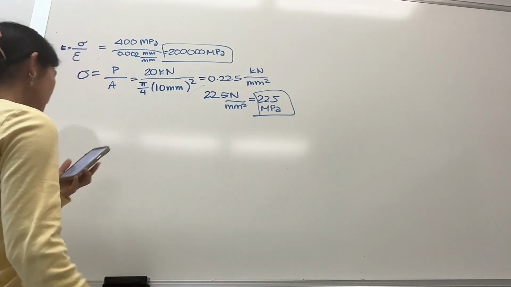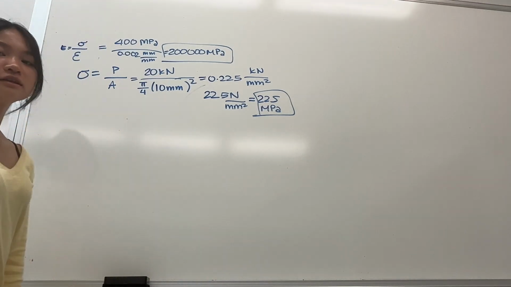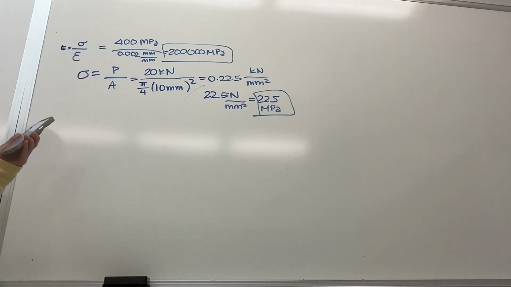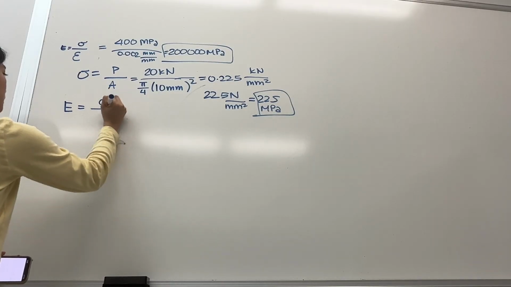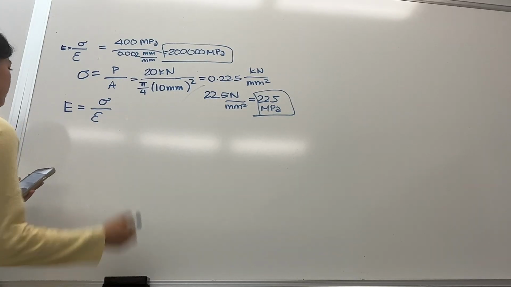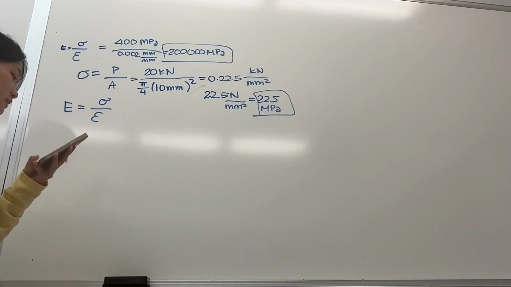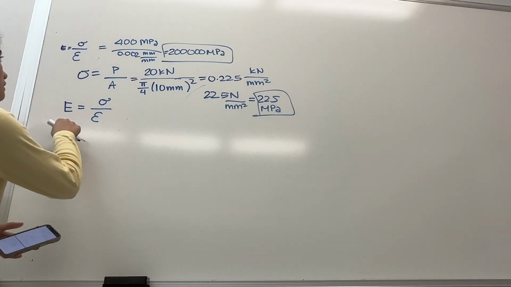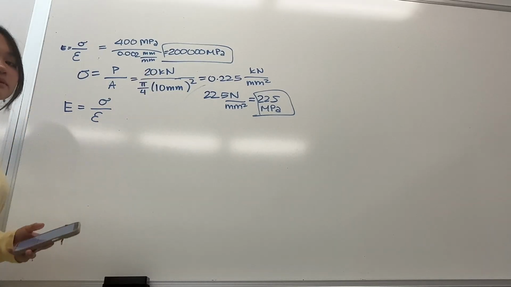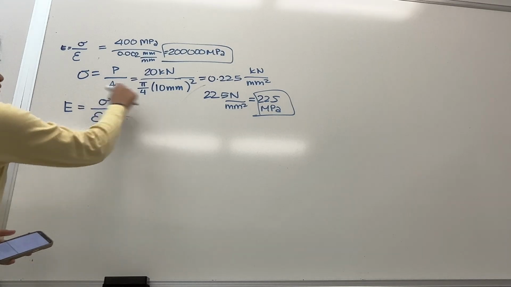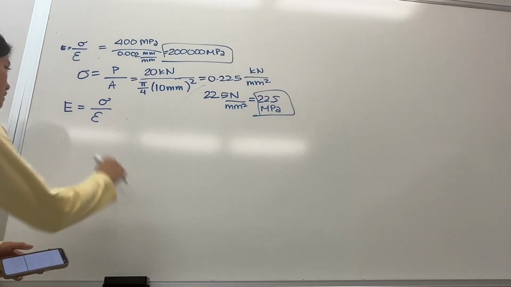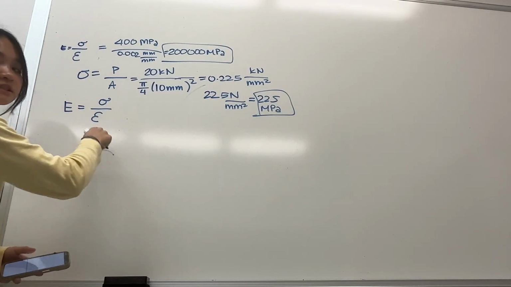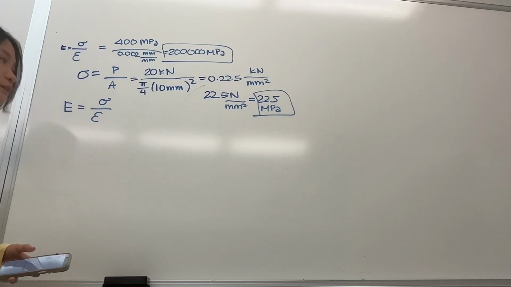So for strain, we can use Hooke's law, which we have right here. E equals stress over strain. So we have our E, which is 200,000 megapascals, and since we just solved for it, we have our stress, which is 225 megapascals. So we can use these two to solve for our missing variable.